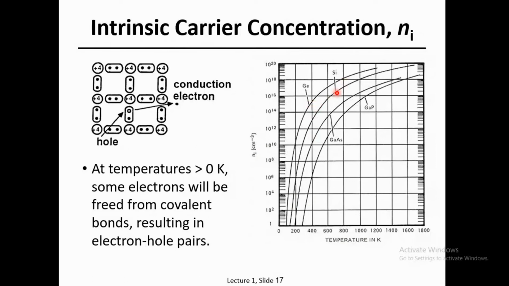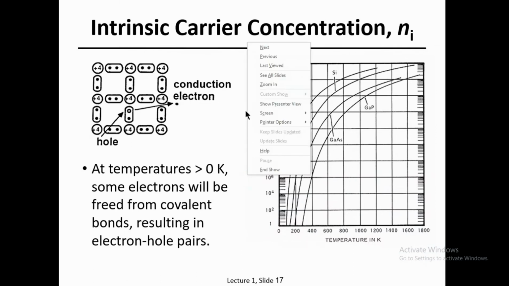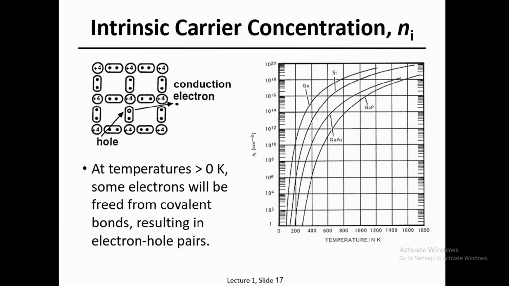Silicon has different Ni from germanium, from gallium arsenide, from gallium phosphide, and so on. Of course, at a very high temperature, it's no longer constant, but we're taking just the linear and saying that at room temperature it will be fixed and have one value of intrinsic concentration.